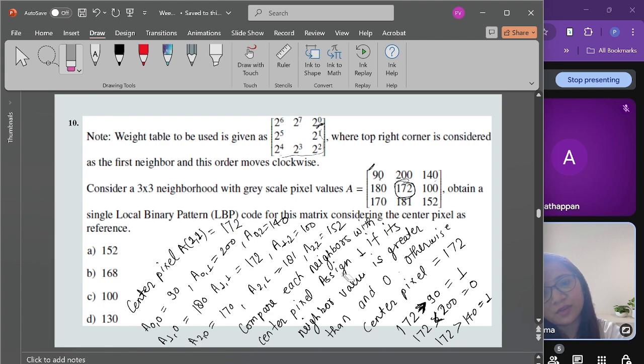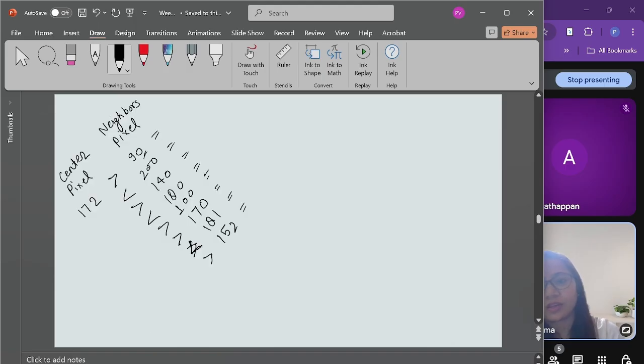Compare each neighbor value. If the neighbor value is greater than, then assign 1, otherwise 0. So that means here, it is a neighbor value. So if it is greater than, then we have to assign 1.